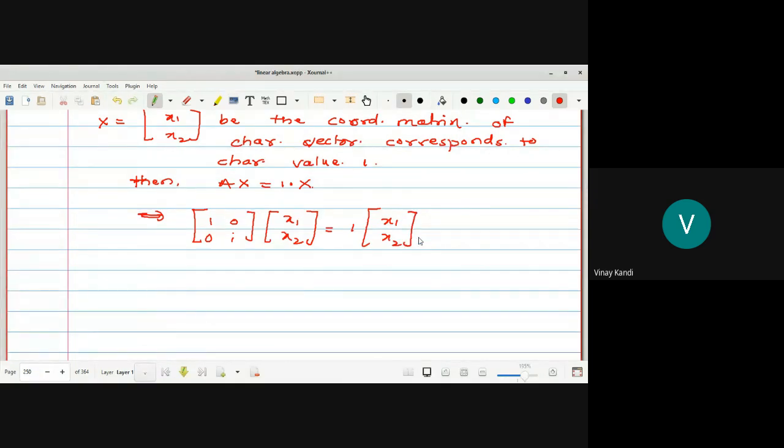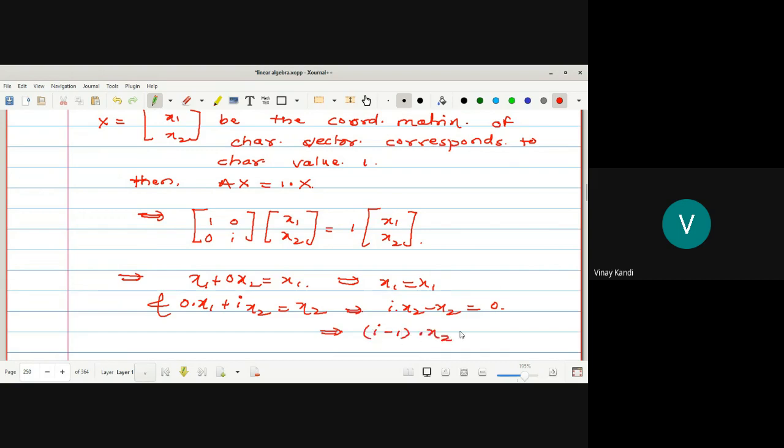So x1 plus 0 x2 is equal to x1. This implies x1 is arbitrary. And 0 into x1 plus r into x2 is equal to x2, so r minus 1 into x2 is equal to 0. This implies x2 is equal to 0, because r minus 1 is not equal to 0.